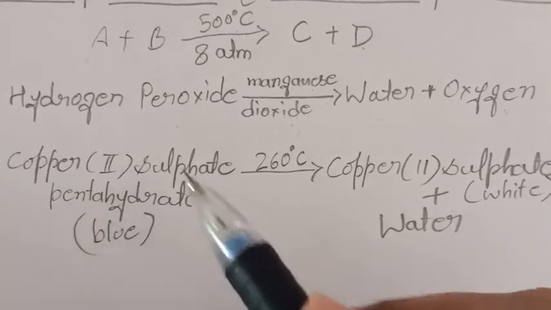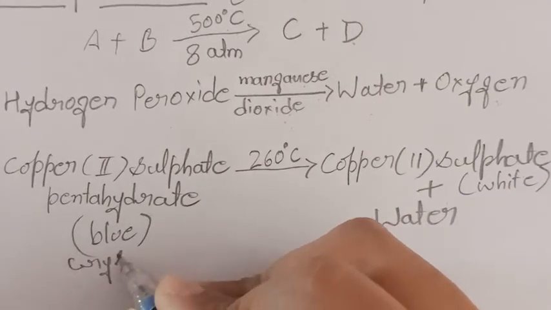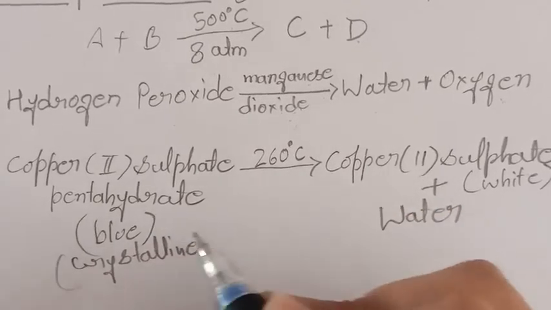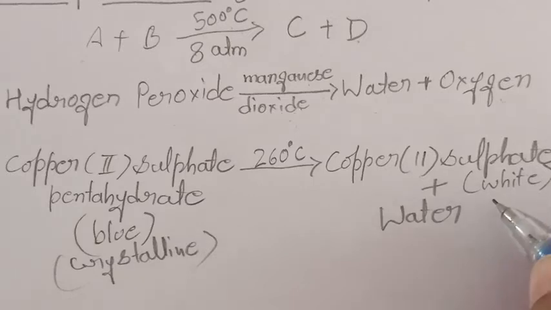The blue one is a crystalline solid, crystal-like in appearance, whereas copper sulfate is a powdery mass.